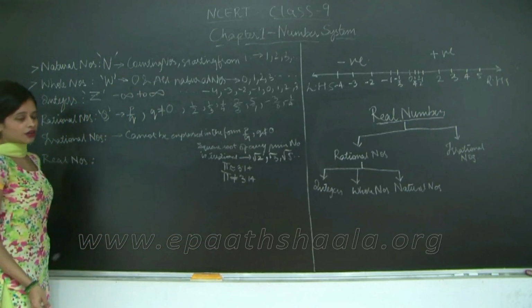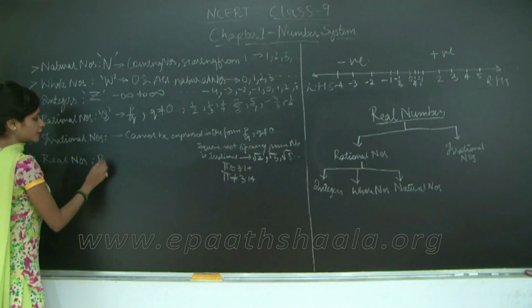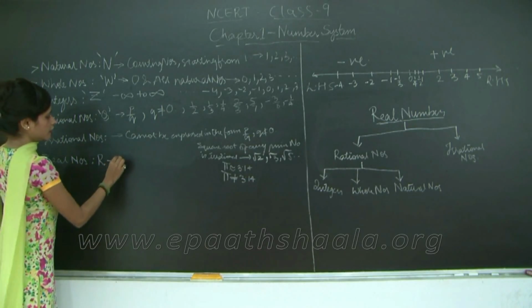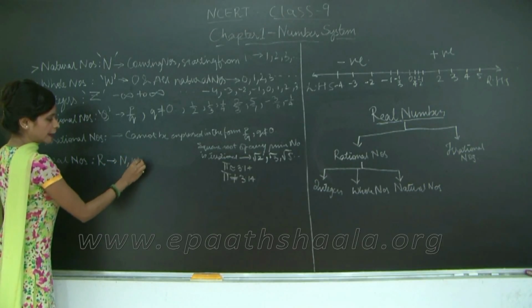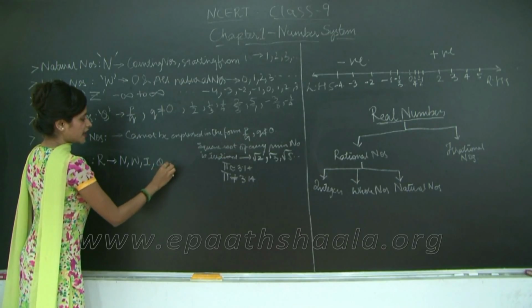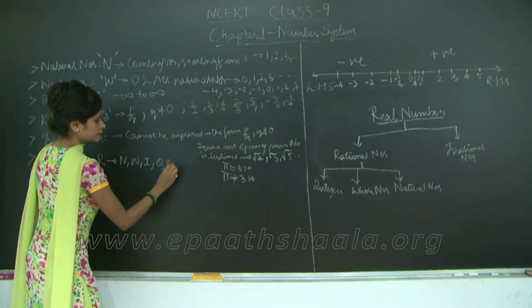And finally, you have real numbers denoted by R, okay, which are a combination of your natural numbers, whole numbers, integers, rational numbers and irrational numbers.